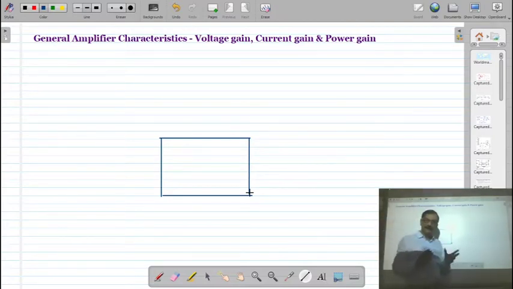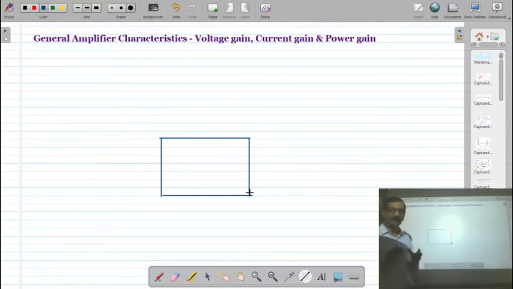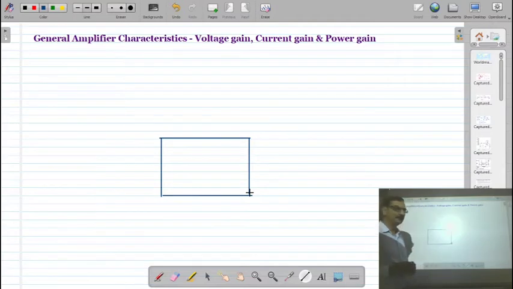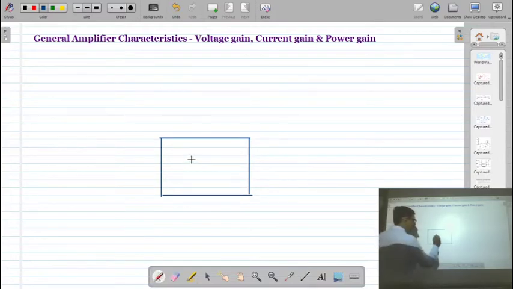That it contains any kind of amplifier. There are different types of amplifiers: voltage amplifier, current amplifier, power amplifier, then transformer coupled amplifier, RC coupled amplifier. So a number of amplifiers are there. So here we consider a general amplifier. So this is representing a black box which contains the amplifier circuit.